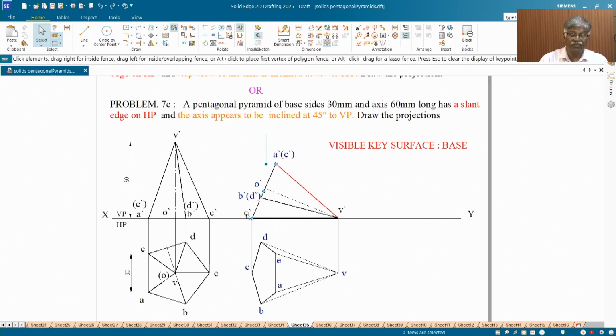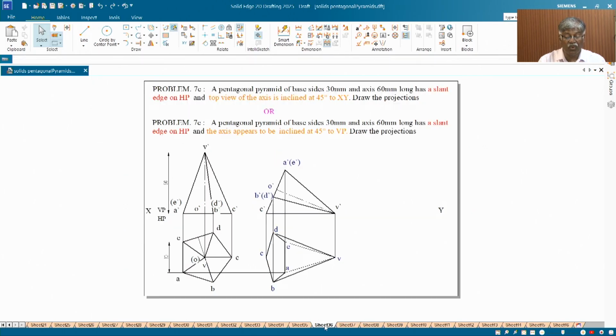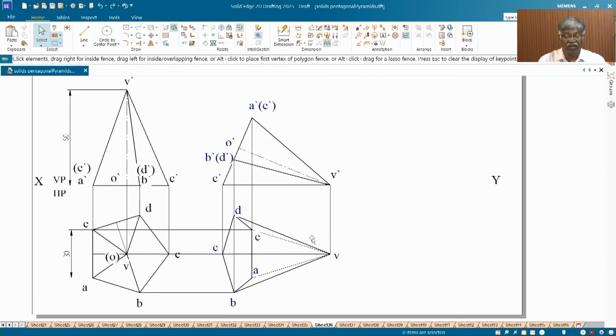Now this base is facing the observer, not the true shape, a very close surface, that is the apparent shape you get, is visible. So dark all the visible key surfaces. Then dark all boundary lines. See, dark all boundary lines. Visible key surfaces are dark, boundary lines are dark. Then invisible key surface edges other than boundary lines are dotted, but there is no other key surface. Forget that particular step, you avoid.